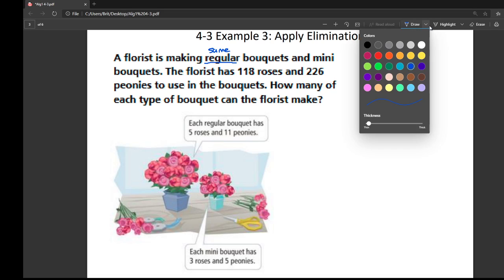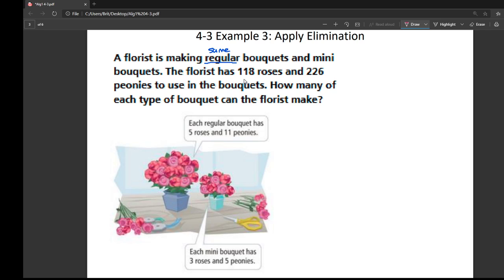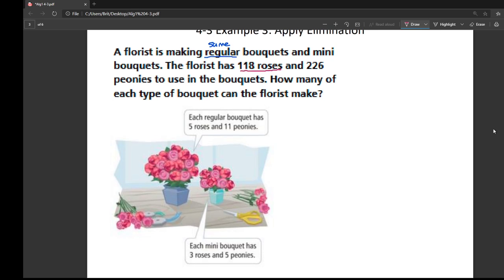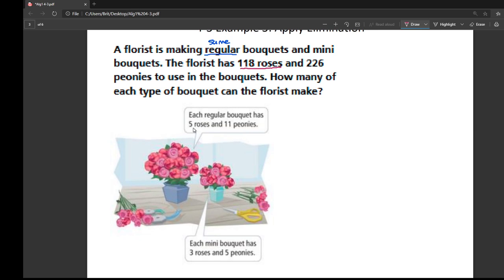I know with my roses, for example, I'm going to use red, like a red rose. I know that I have 118 roses. And I know that for the large bouquet, I have 5 roses. And for the mini bouquet, I have 3.